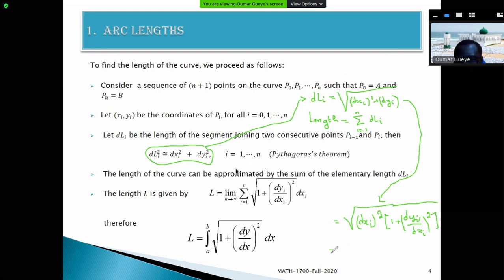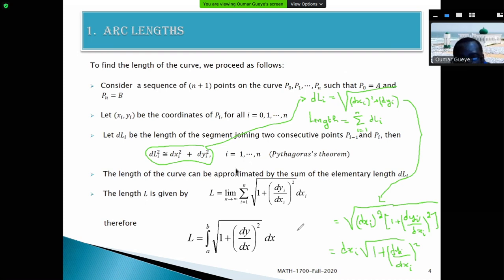When you take it out, it becomes dxi times the square root of 1 plus dyi over dxi, squared, and you replace it here to get the sum. That's what we did to get this part here. So this is the approximation.